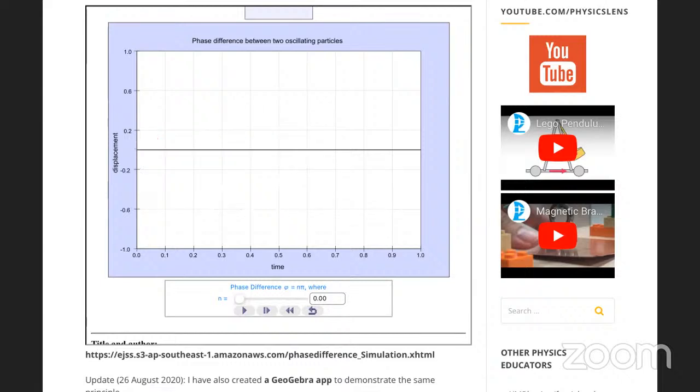So if you look here, you would see a phase difference of 3 pi on 2.